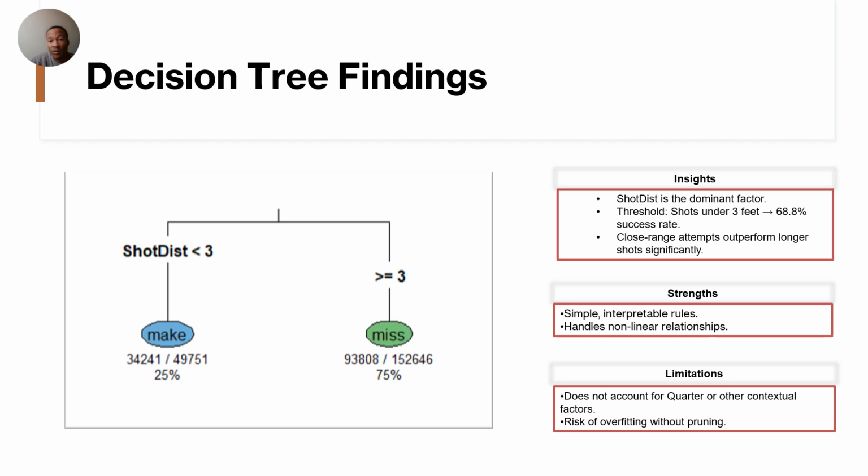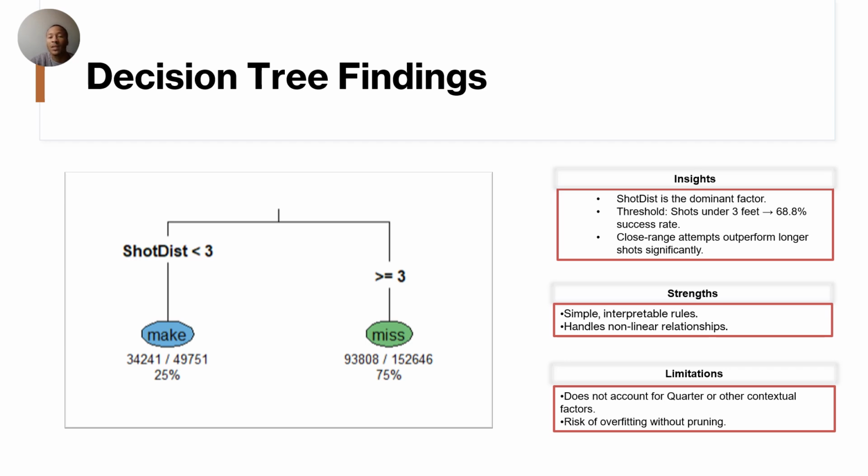If the shot is within 3 feet, there's a high success rate of 88.8%. For shots beyond 3 feet, the success rate drops significantly, with most attempts resulting in misses. And this confirms the importance of close range attempts in achieving higher success rates, which aligns with what we expect in basketball dynamics. You need to get a bucket.